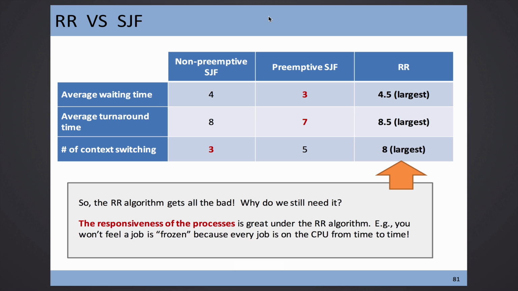Essentially about this kind of responsiveness, when we have a very high number of context switching, it basically means that every process may have different chances to get on the CPU, so that you won't find the system so laggy. Imagine it's like this. You have 10 processes. Every process needs, you can consider this infinite, an infinite amount of CPU resource. Then every time I put a process on the CPU it only runs for 1 second.